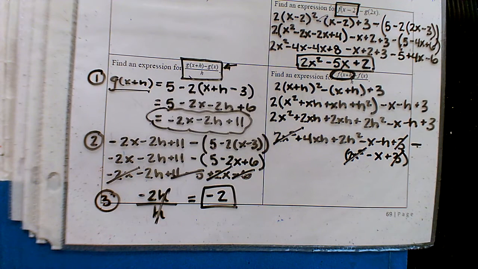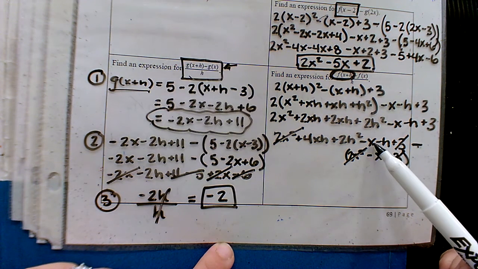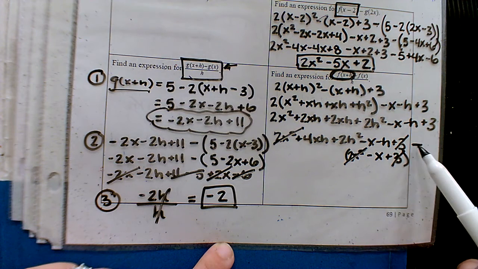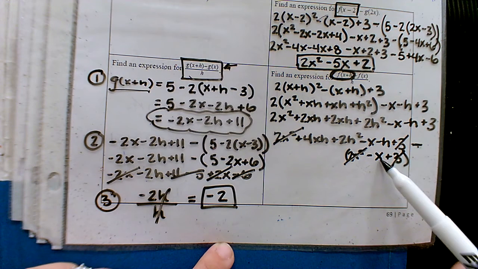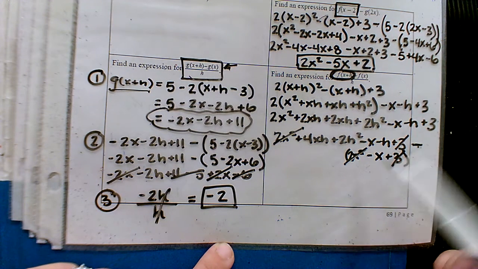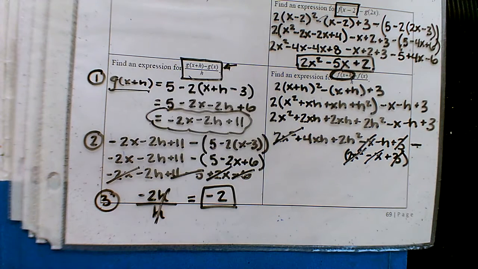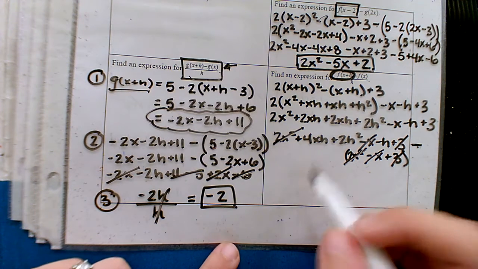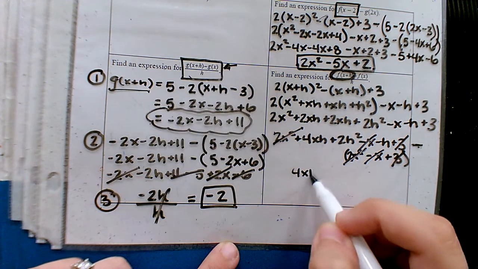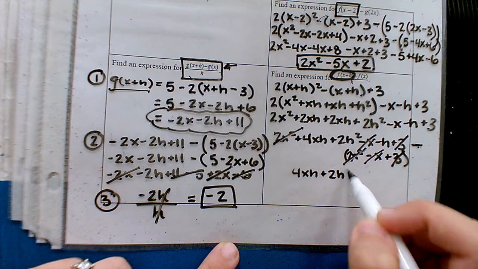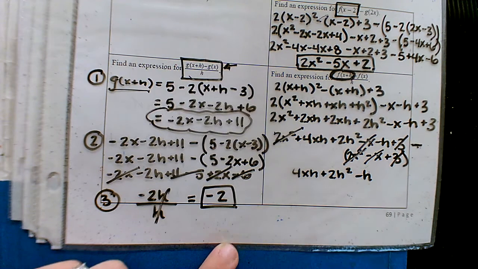Good. The x's are going to cancel out. Negative x would cancel out with a positive x. After you distributed that minus in, it would change to a positive. So all those are gone. I think that's it, right? Everything else has an h in it. So we're left with 4xh plus 2h squared minus h.